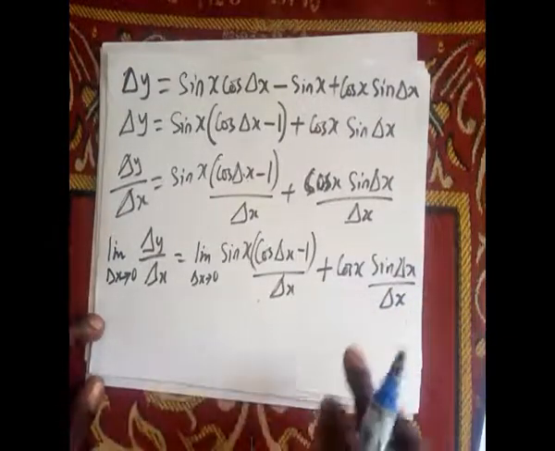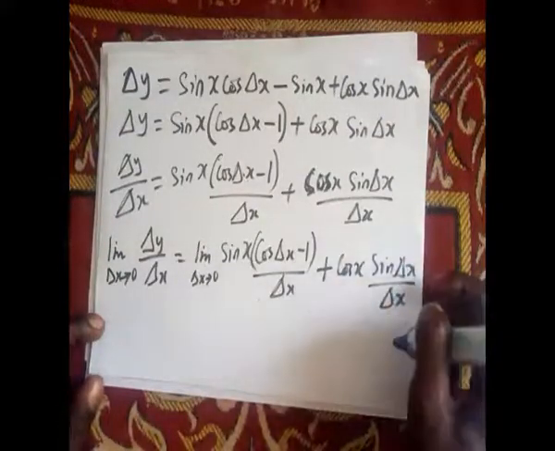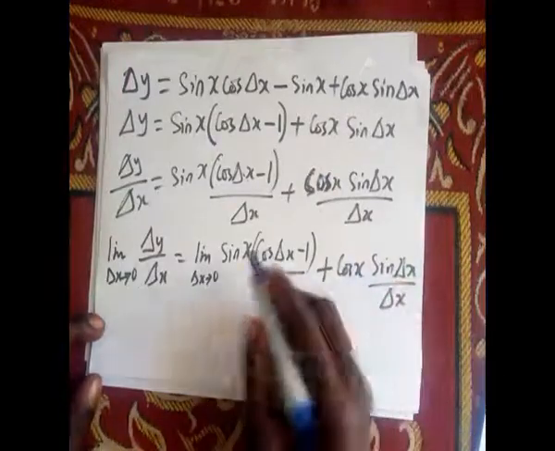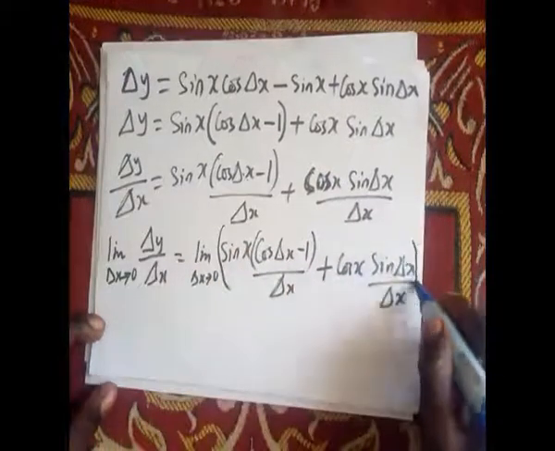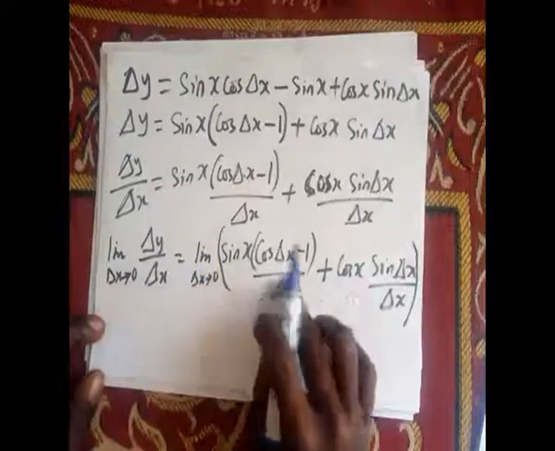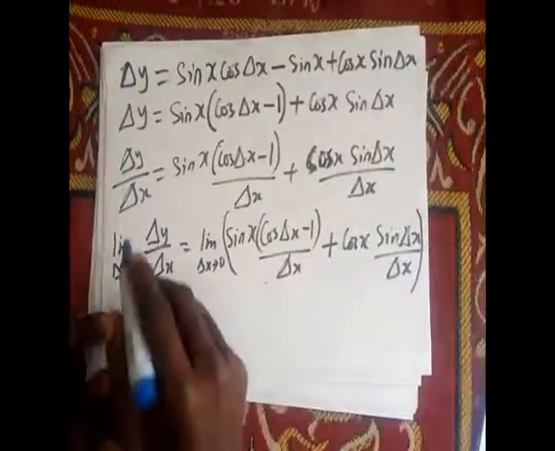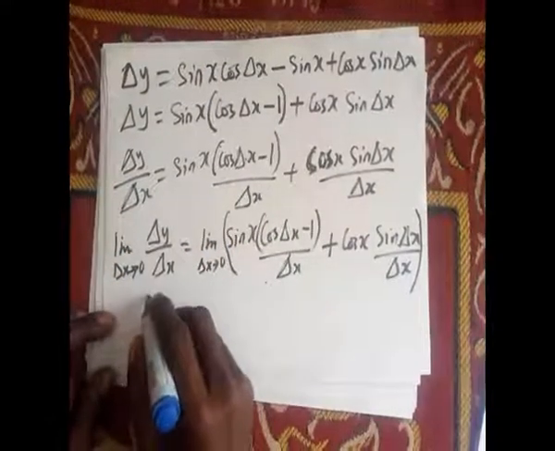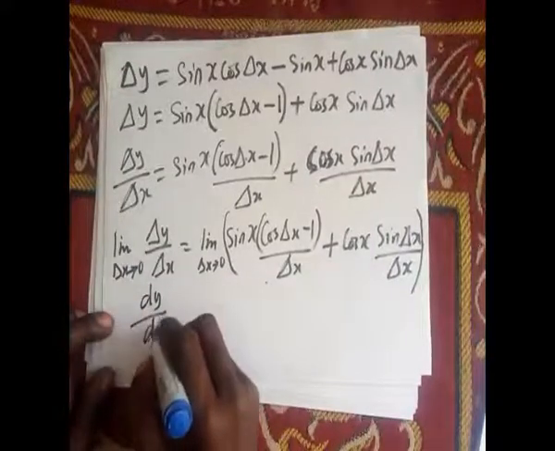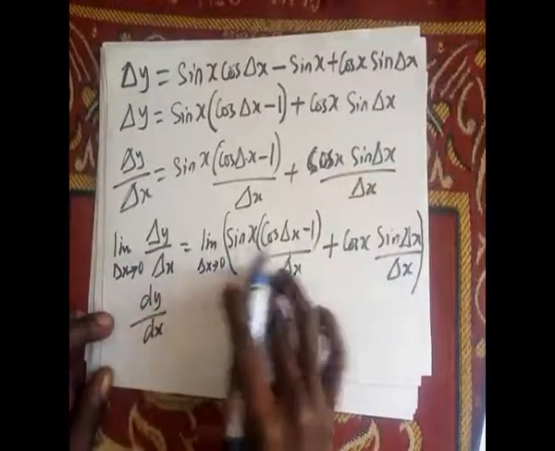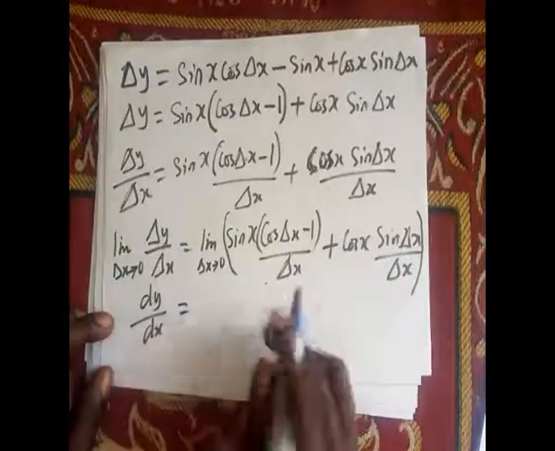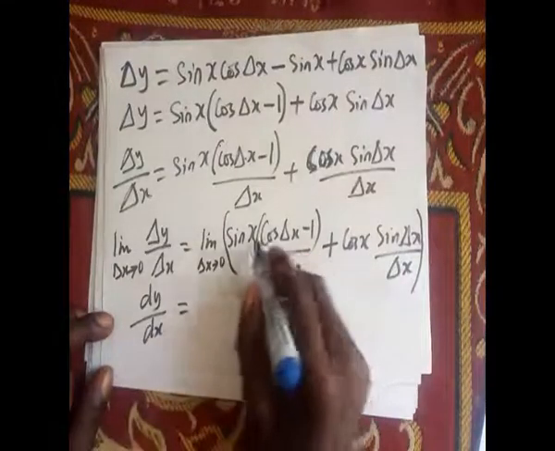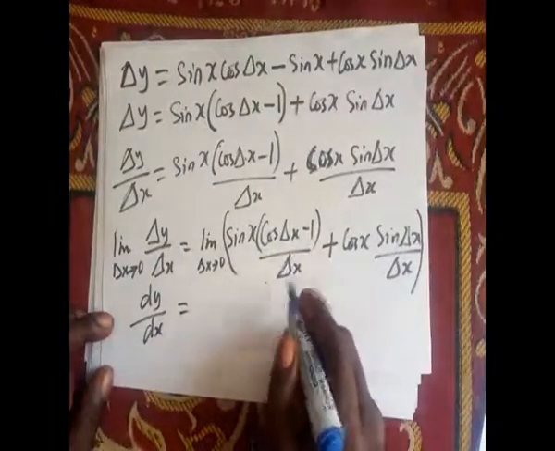When you take the limit of the left side, it becomes dy by dx. And when you take the limit of these parts, these are special limits.